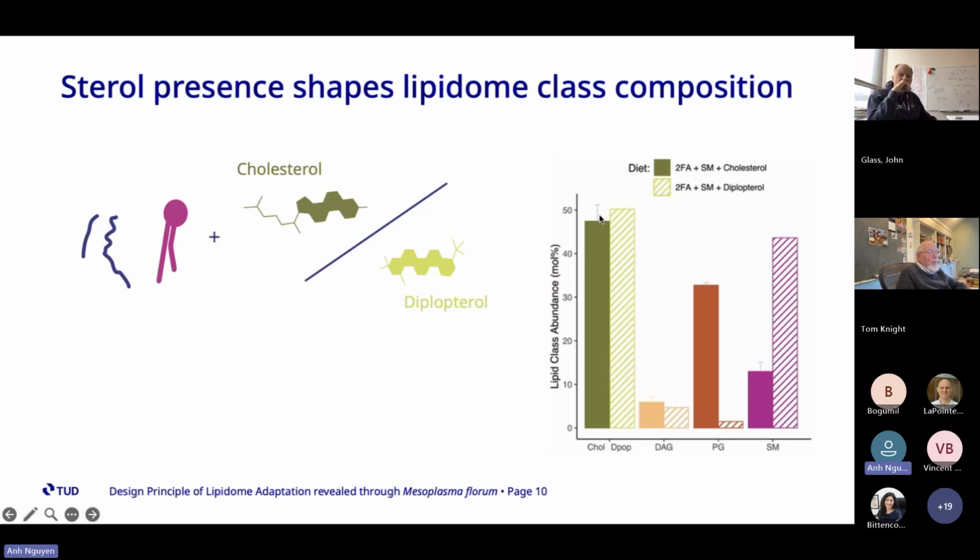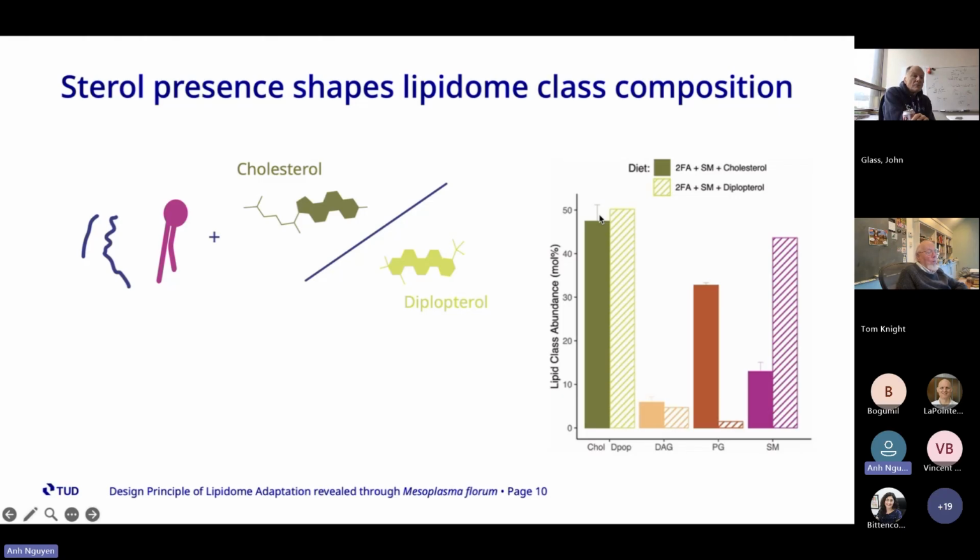So PG is the most abundant phospholipid that they actually make. But if you feed it diplopterol, the membrane, instead of incorporating PG, actually incorporates sphingomyelin. And why could this be? We hypothesize that the reason this phenomenon happened is because PG in Mesoplasma florum frequently has the unsaturated bond.